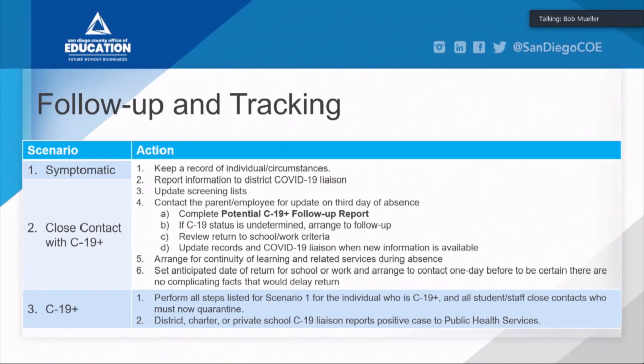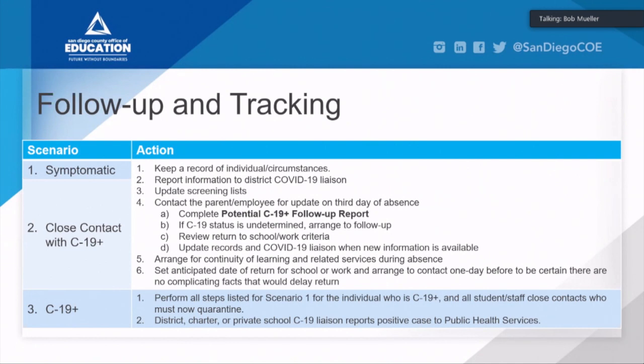In terms of follow-up and tracking, for our symptomatic and close contacts, we need to stay in touch with them. So we're going to need to record the reason for why they've been excluded from school. We're going to need to report that information to the district's COVID-19 liaison, who's responsible for coordinating communication with public health.